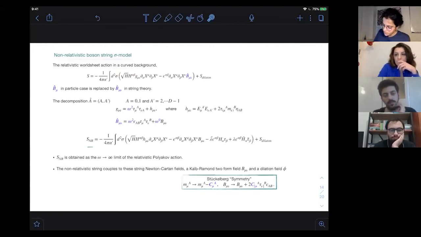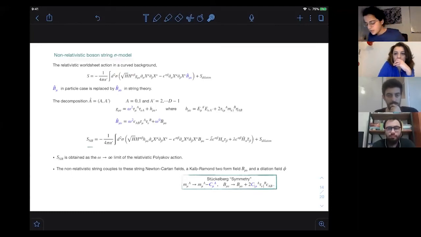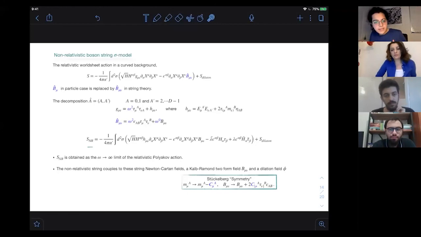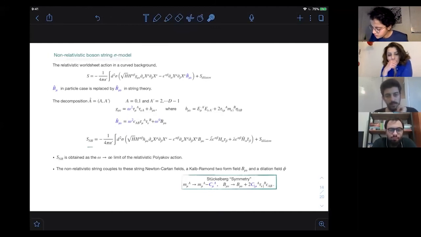Basically, the B_mu nu field is the analog of the gauge field in the particle case. Similarly, I decompose the tangent space as A and A prime. This time, A can take the values 0 and 1, and A prime runs over D minus 2. Then I do exactly the same expansion, I just replace 0 by A. I introduce how B_mu nu should be expanded or redefined.